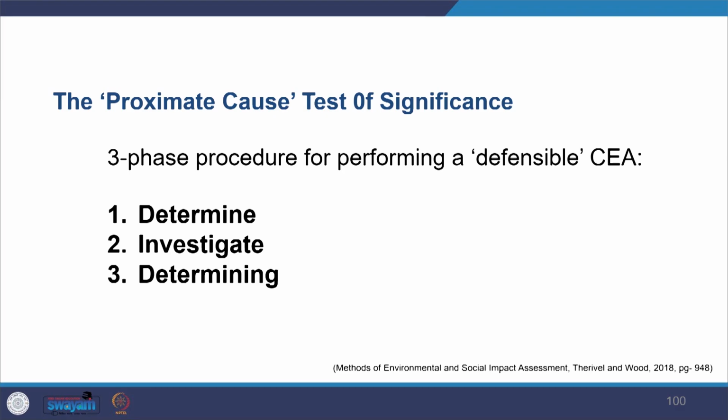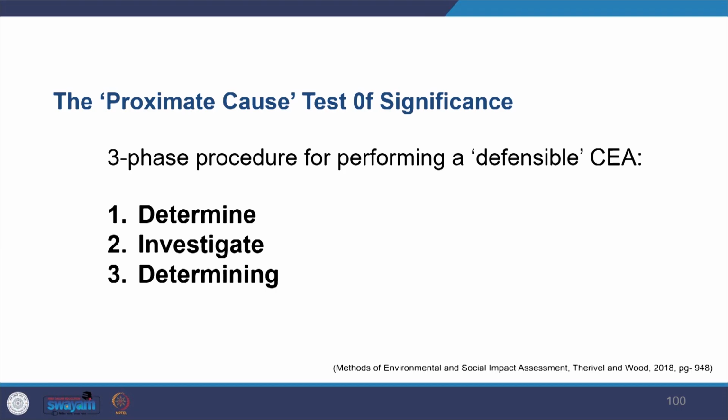So you have a three-phase procedure for that. First, you determine whether a proposal would proximately cause a significant effect on the given resource. Second, you investigate how the affected environment has reached its current conditions and projected conditions, like what's really going on.